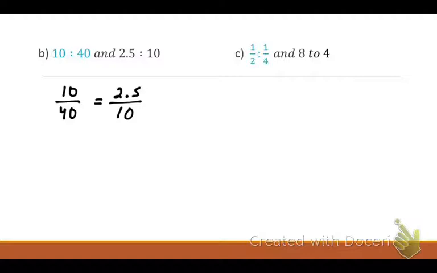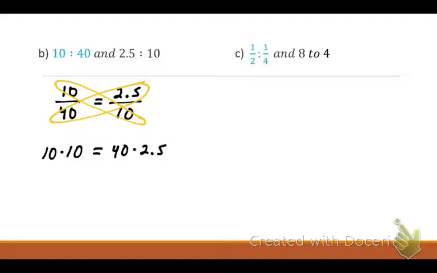All right, so once again, let's circle the cross products and drop down your equal sign. On the left side, we're going to write 10 times 10. And on the right side, I'm going to say 40 times 2.5. Drop down your equal sign. I want you guys to plug those into your calculators and see what you get.